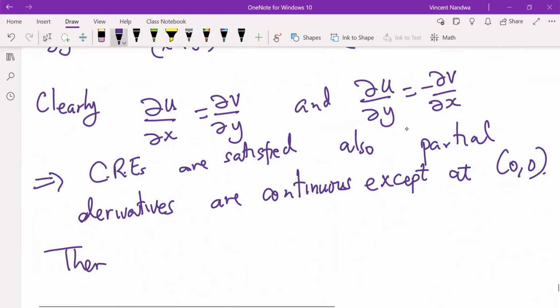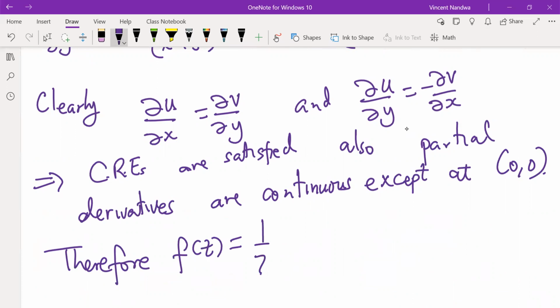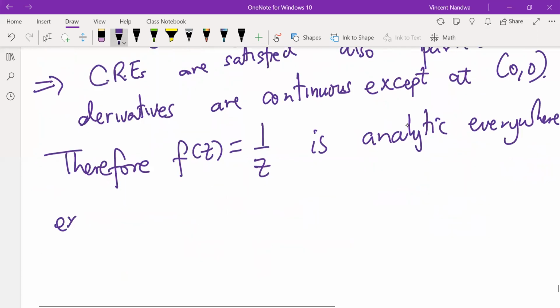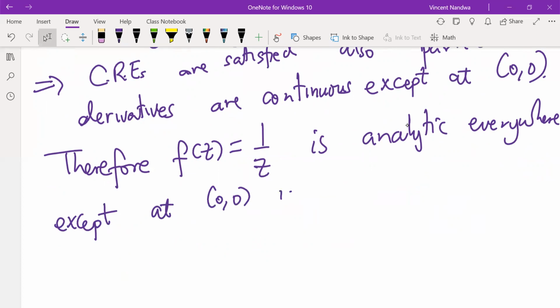Therefore, f of z equals 1 over z is analytic everywhere except at the point z equals 0. So that is how we test whether the function 1 over z is analytic or not. Thank you.